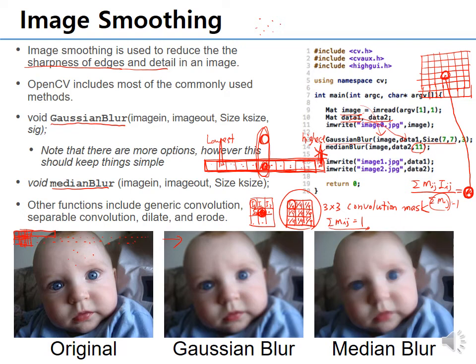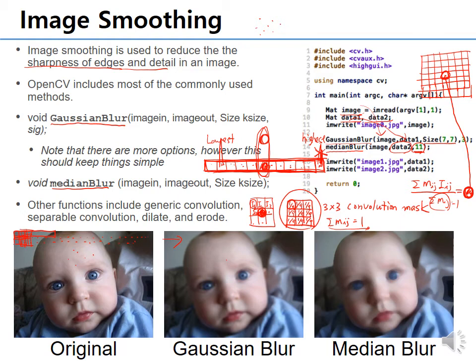So we can get this result. Then we apply the median blur, and that result is data 2. We create a mask that has 11 elements, then we create data 2.